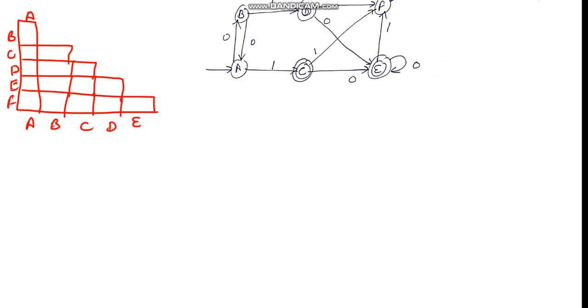The table will look something like this. As we have seen, there were states A, B, C, D, E, and we draw the transitions like this, as a matrix. For this diagram this type of table will be there.